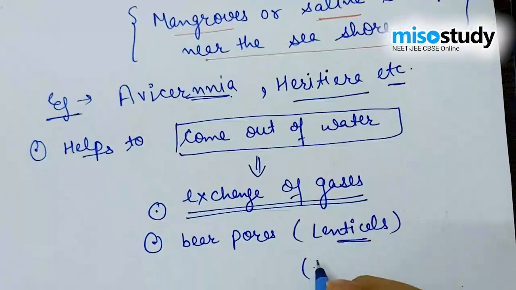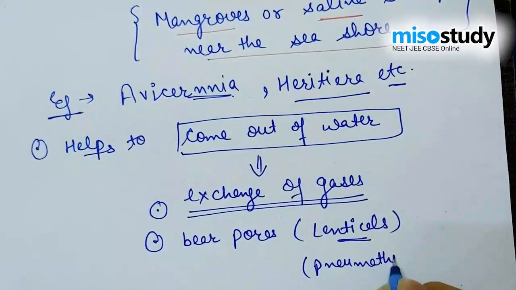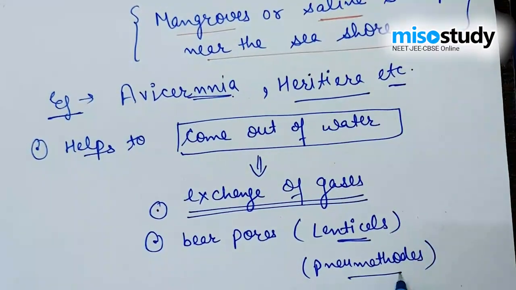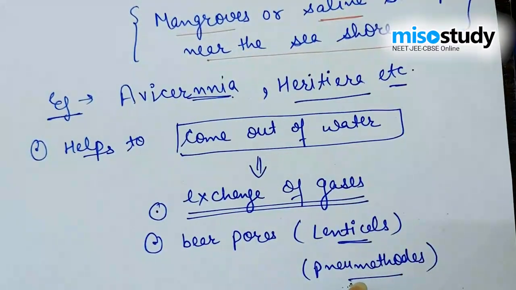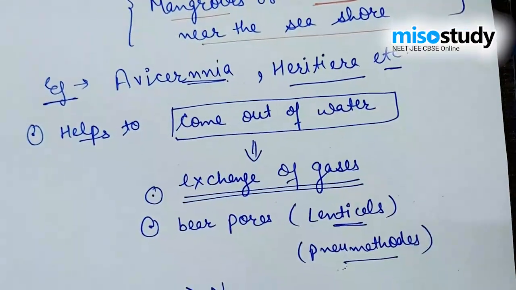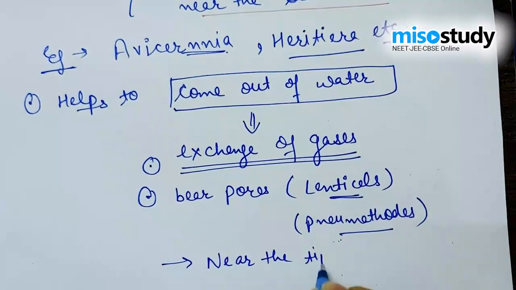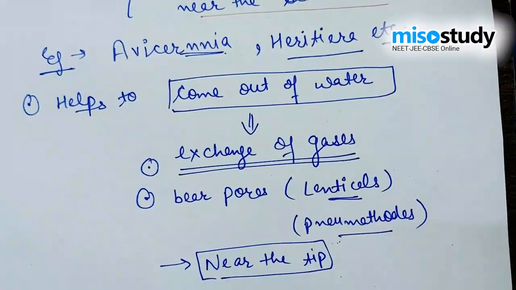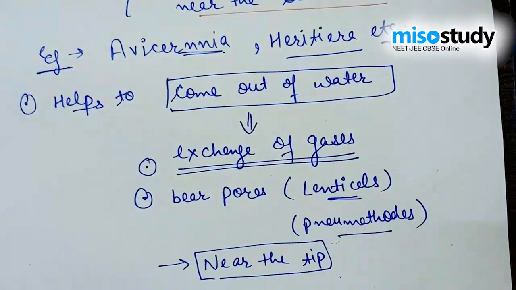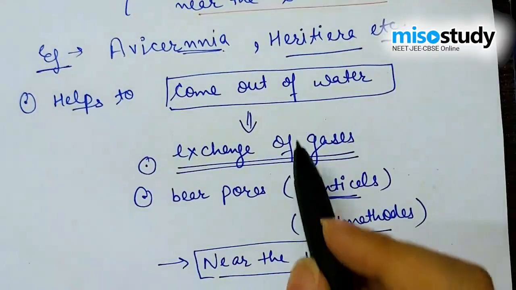Lenticels and pneumathodes. That's why it's also known as pneumatophores. And they are present near the tip of roots in the plants. So what are the basic roles of pneumatophores?